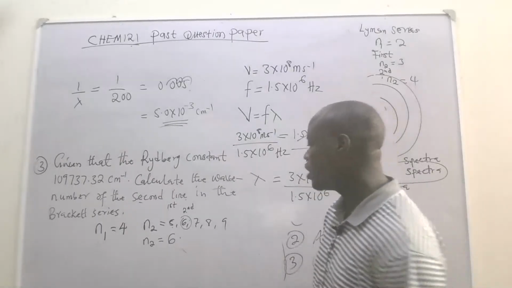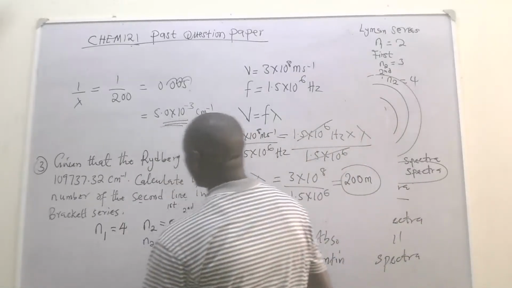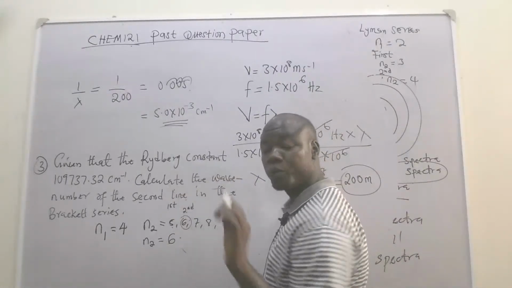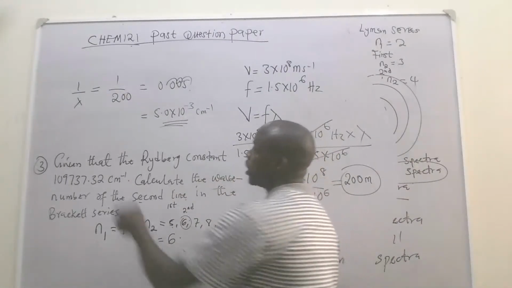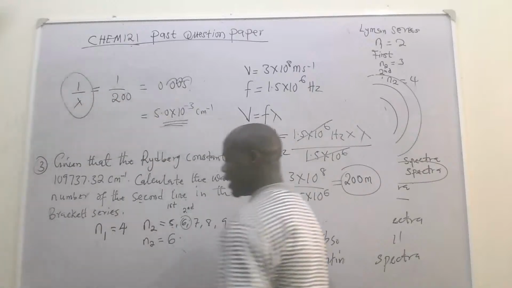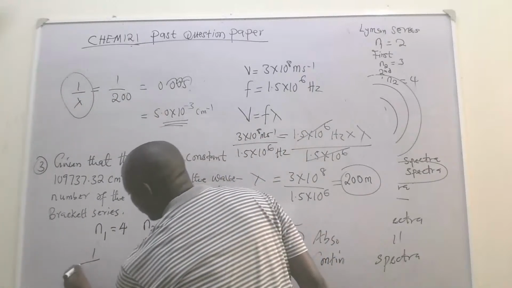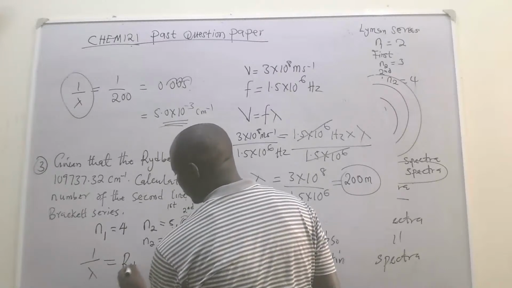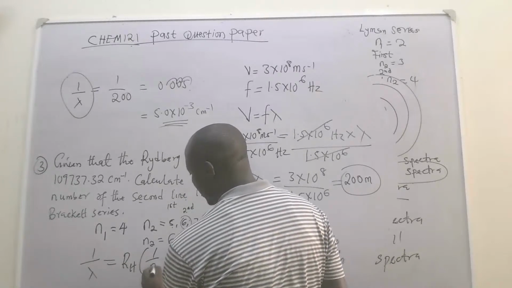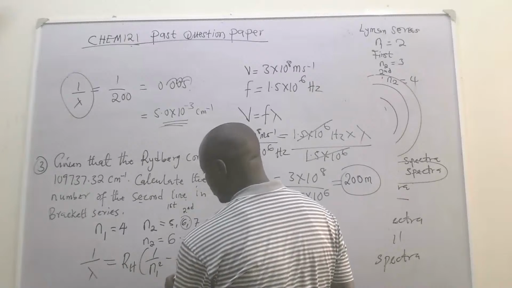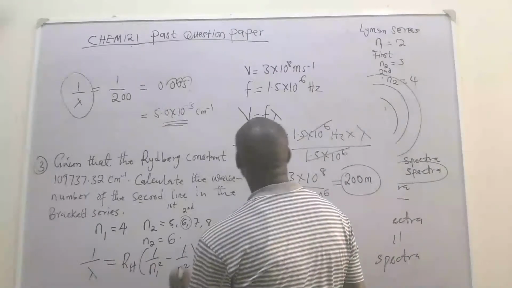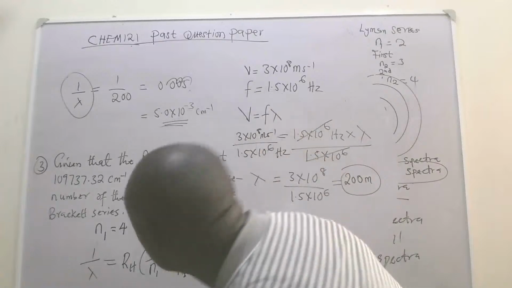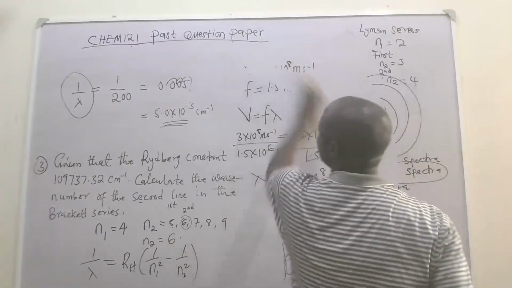So therefore, because the question says we are to calculate wave number, and what is wave number? We just finished calculating wave number. Wave number is 1 all over lambda. So we now have 1 all over lambda as wave number is equal to Rydberg constant, open bracket 1 all over N1 squared minus 1 all over N2 squared. I think from here it's simple to get the answer.